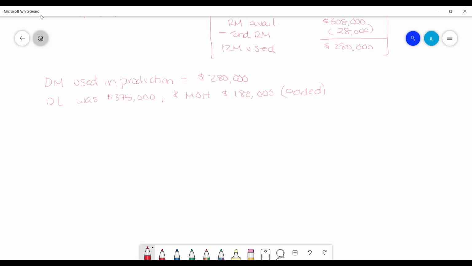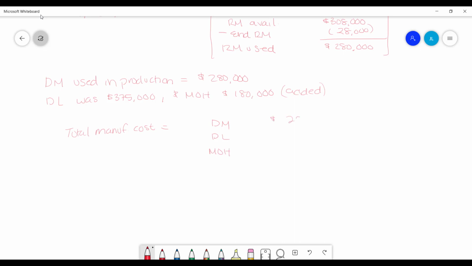Okay? What were the total manufacturing costs incurred for the month? Well, remember, what did we say total manufacturing cost is? That's your direct materials, your direct labor, and your manufacturing overhead.